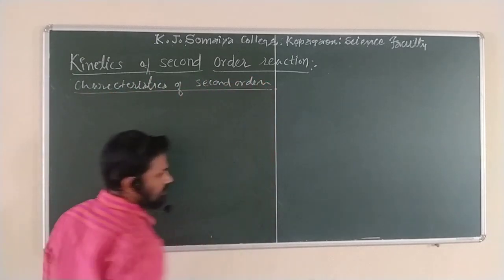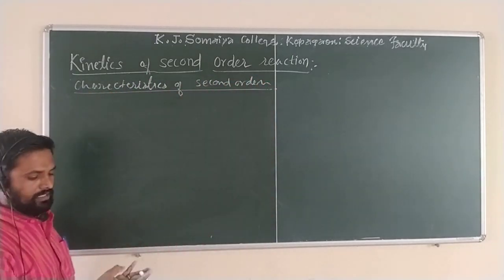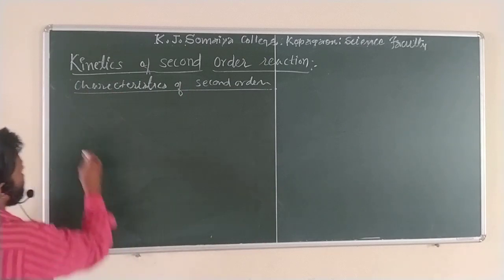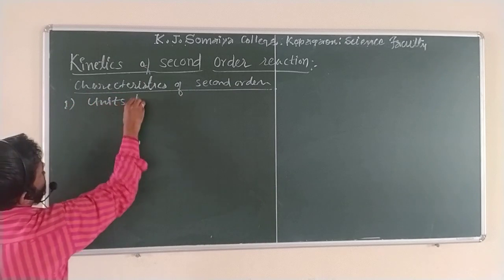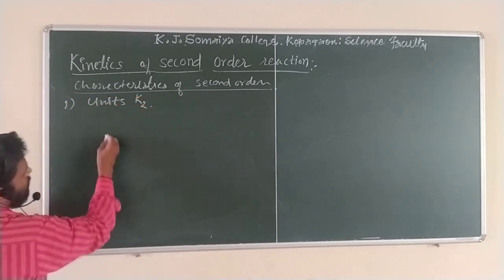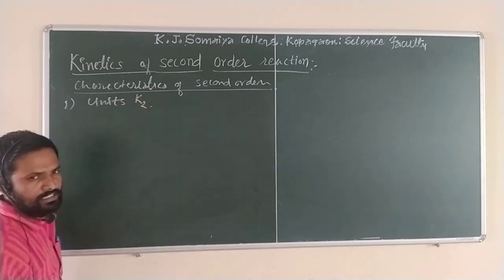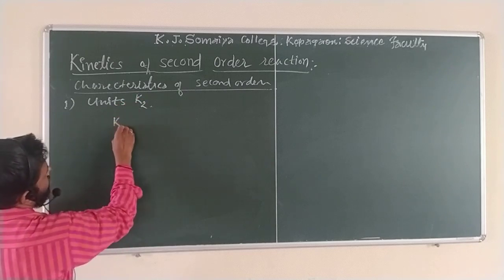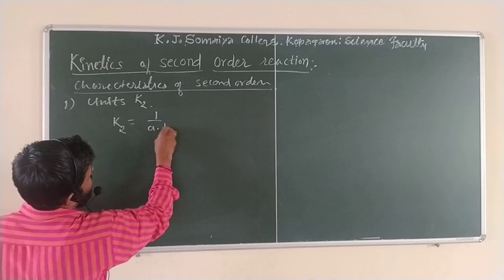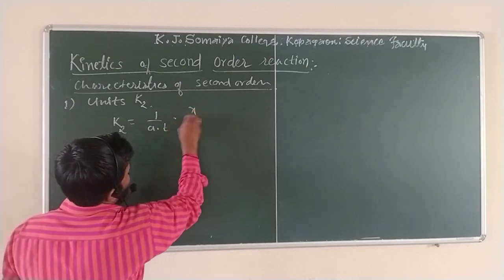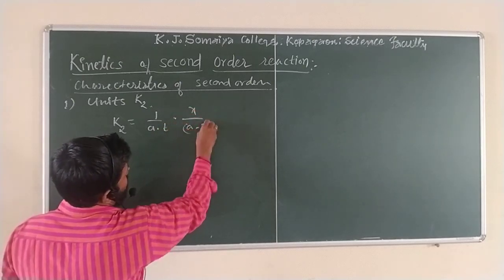We are going to study first the units, nature of graph, and the half-life period. First, the units of the second order rate constant k2. Whenever you are finding the units, you have to write the formula first, and from that formula we can take the units. What is the formula? 1 upon at multiplied by x upon a minus x.